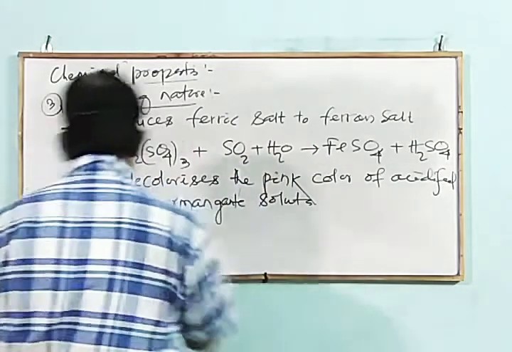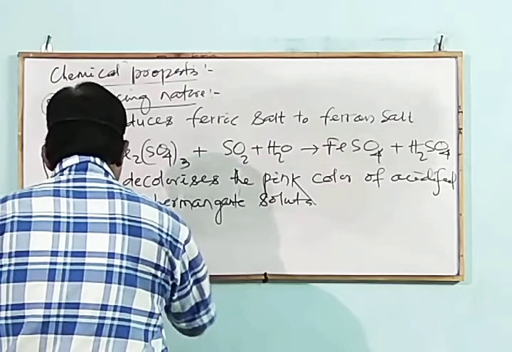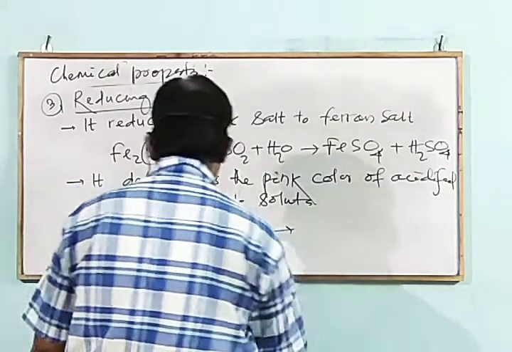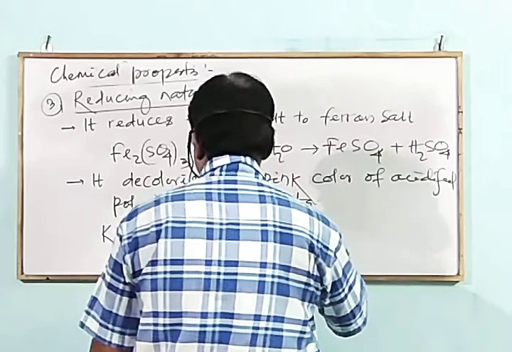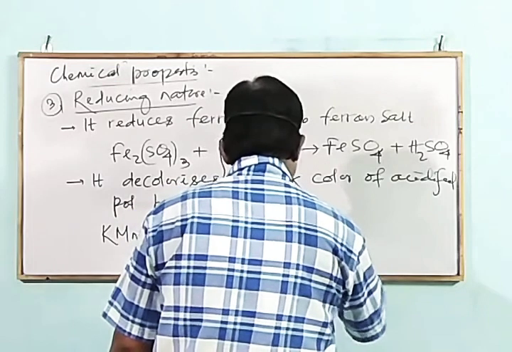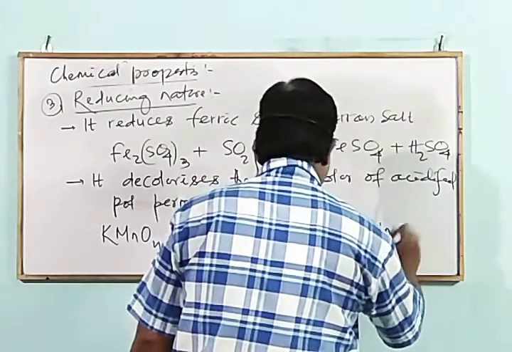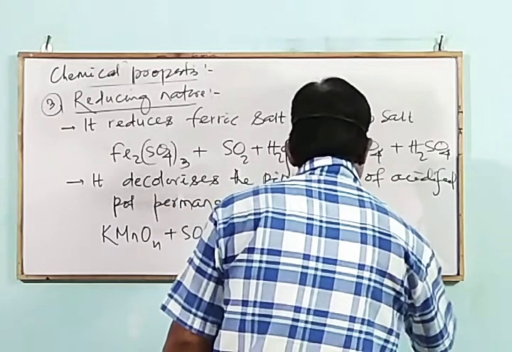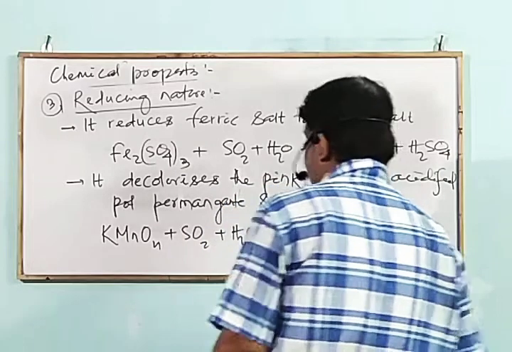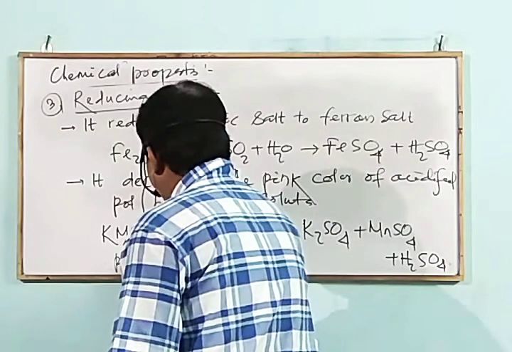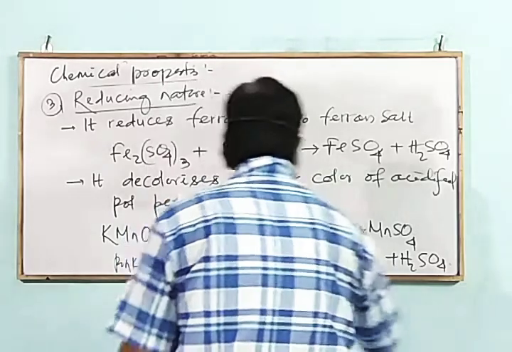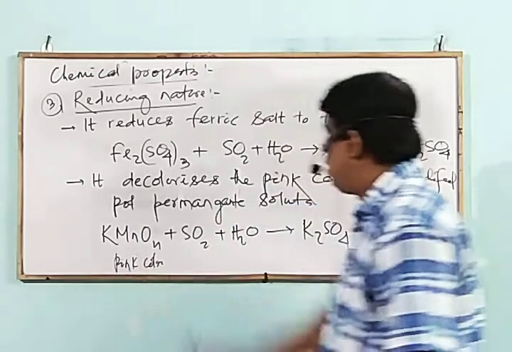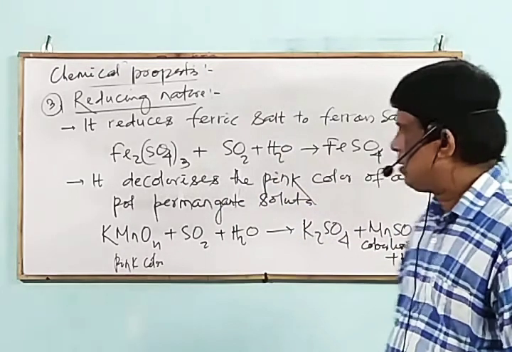Mark the equation. KMnO4 plus SO2 plus H2O give rise to K2SO4 plus MnSO4 plus H2SO4. It is pink color. It is colorless. That is, pink color changes to colorless.